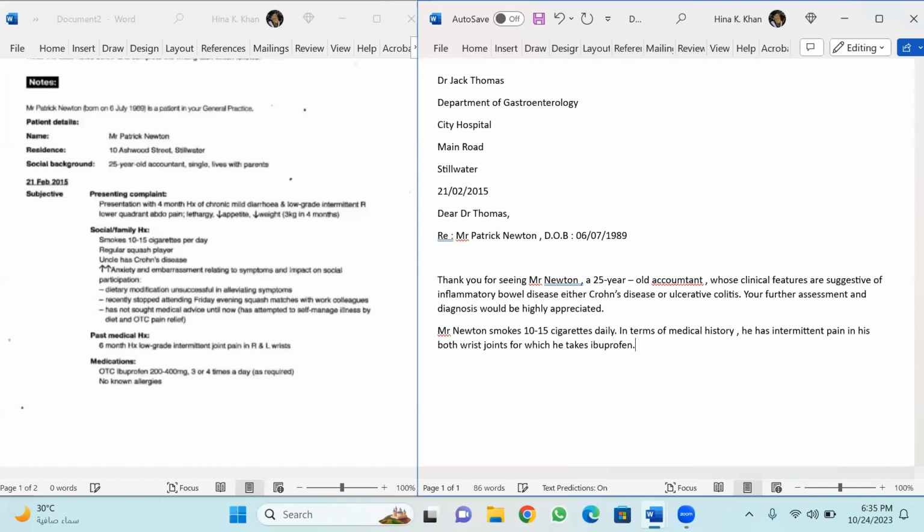Okay, now regarding the medication, if it's the generic name, you will write it in small letter. And if it's the market name, then you will write in capital letter.